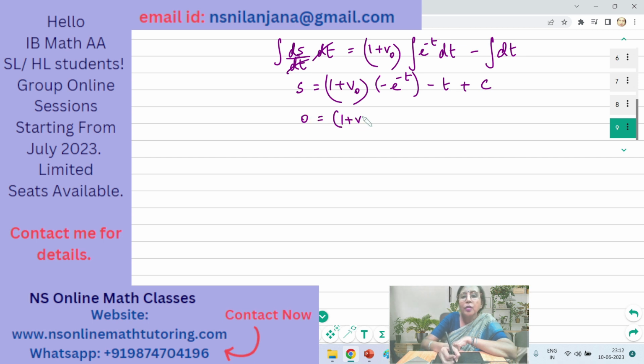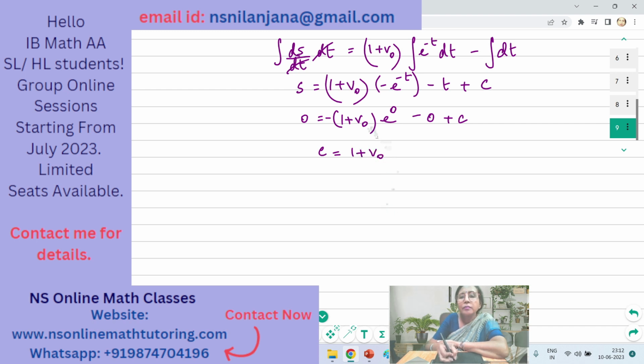1 plus v0. I can take the minus sign in front. E to the power of 0. Negative 0 is 0. Minus 0 plus c. E to the power of 0 is 1, and minus 0. So c will be basically equal to 1 plus v0.